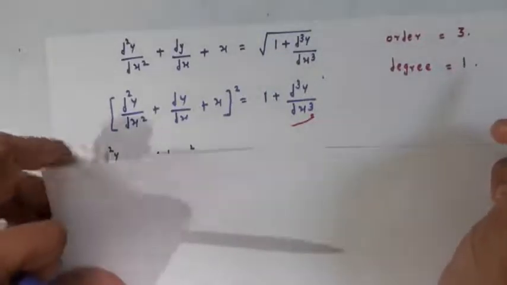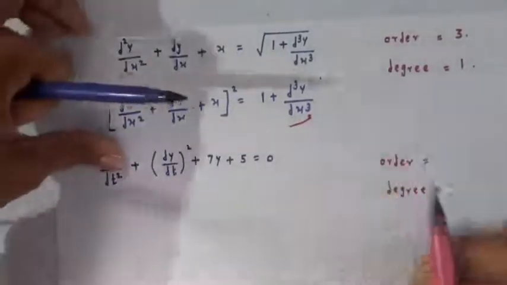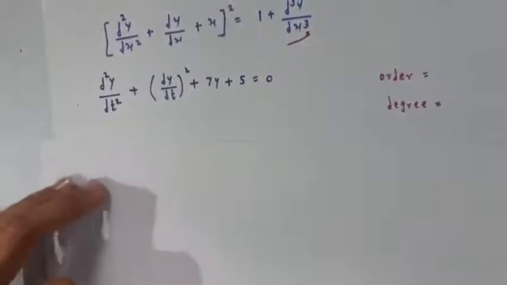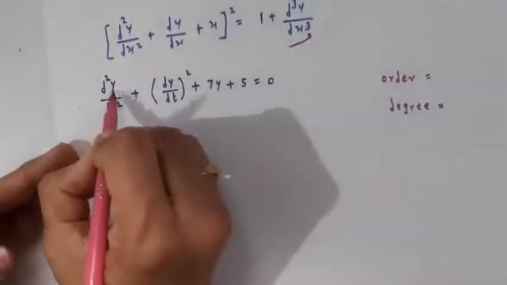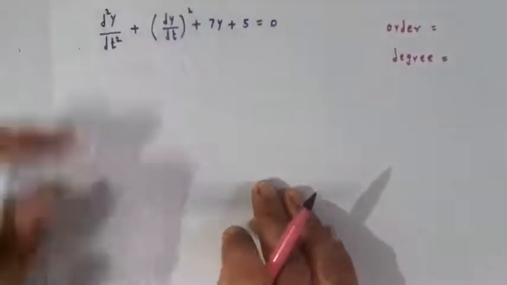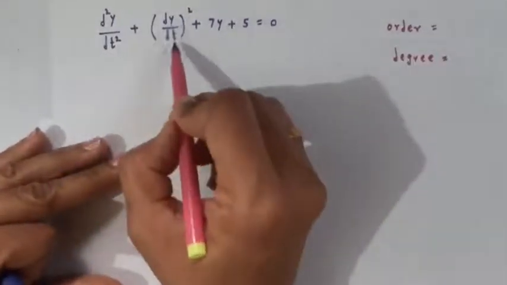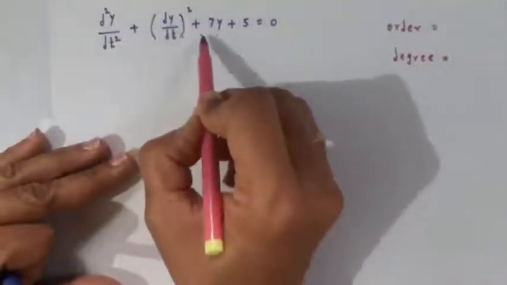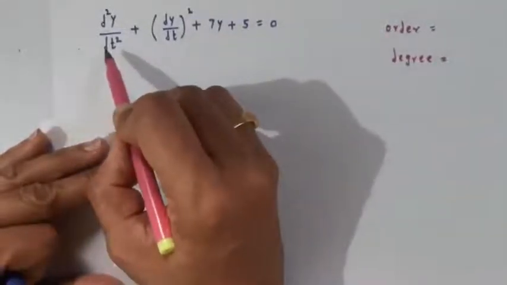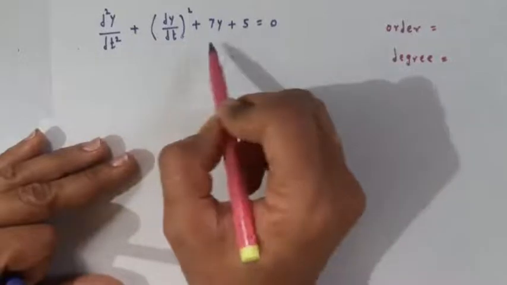Okay. Now let us take another example. This is d2y upon dt square plus dy by dt whole square plus 7y plus 5. This is a simple differential equation.